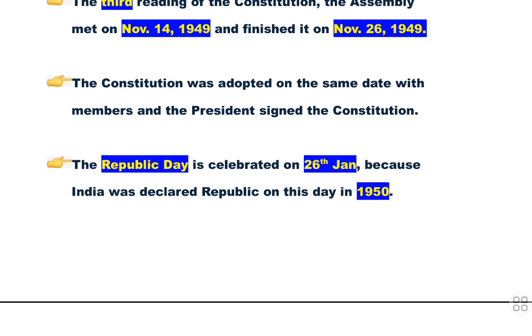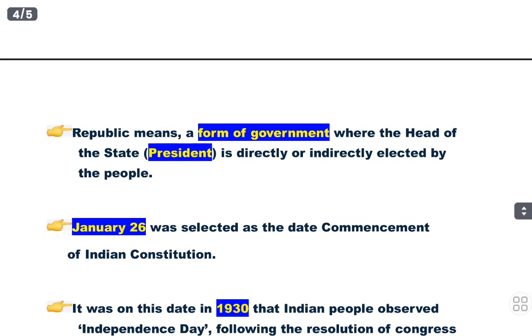Republic Day is celebrated on 26th of Jan because India was declared a Republic on this day in 1950. Republic means a form of government where the head of the state, that is the president in case of India, is directly or indirectly elected by the people.